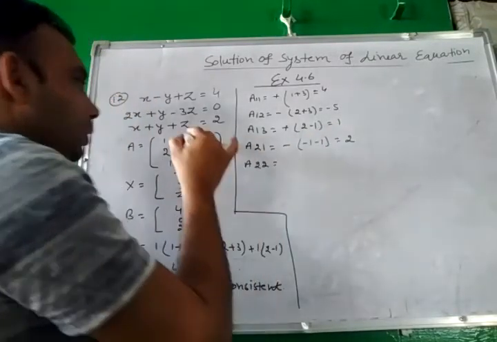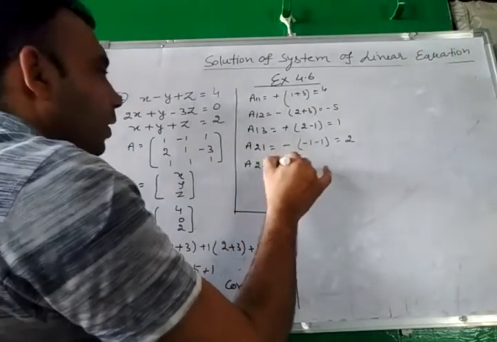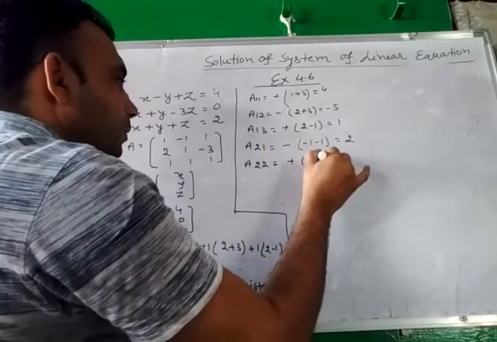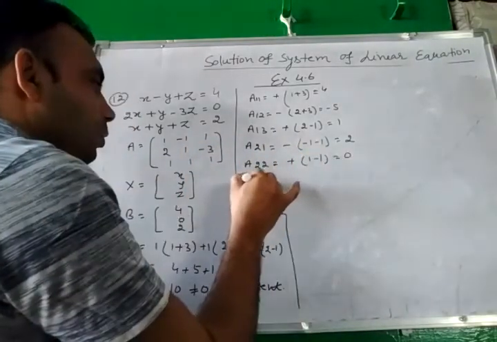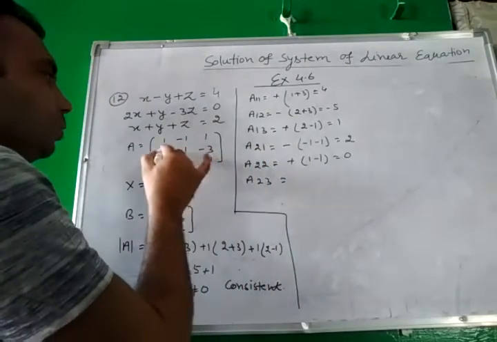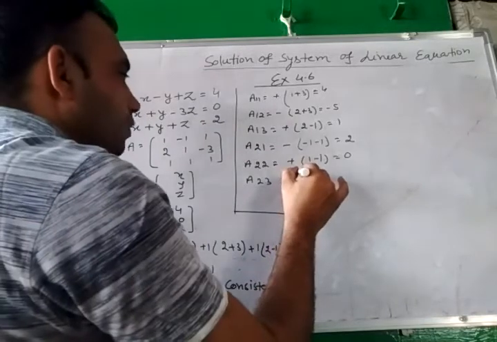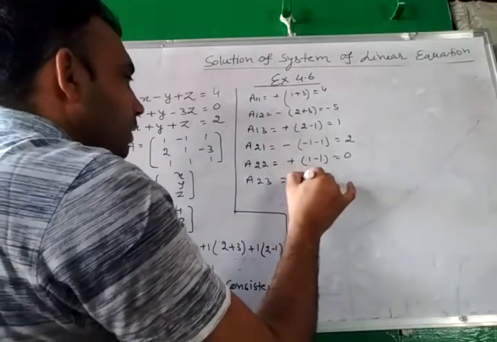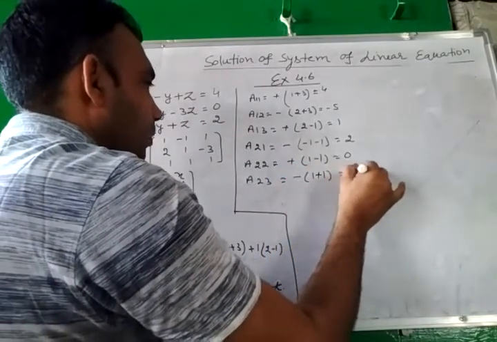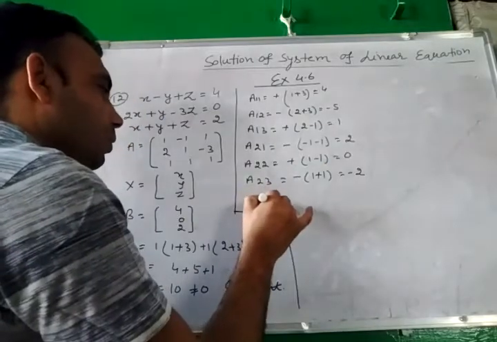A22: cancel, cancel, 1 minus 1 implies 0. A23: cancel this row and column, 1 plus 1, again minus 1 plus 1 implies minus 2.